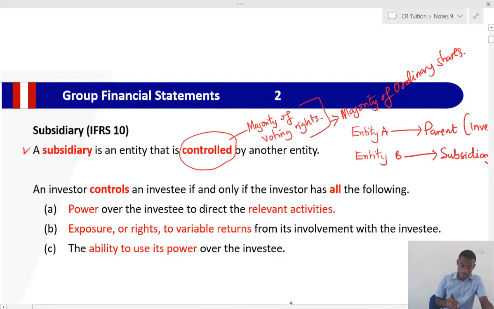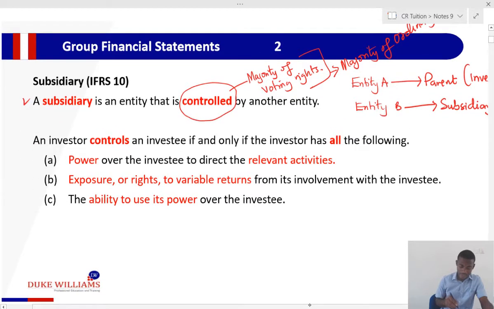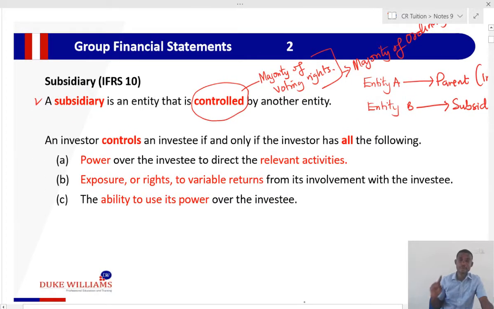Now, interestingly, under IFRS 10, the definition of control goes beyond absolute ownership. When we say absolute ownership, it means that for there to be control, which is to say that we have a parent and a subsidiary, there should be ownership of 50% plus.